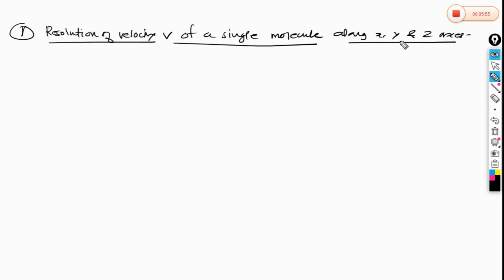According to the kinetic theory of gases, a molecule of gas can move with velocity v in any direction. We know this. So a molecule can move anywhere in the available space. Then we know the velocity is a vector quantity.